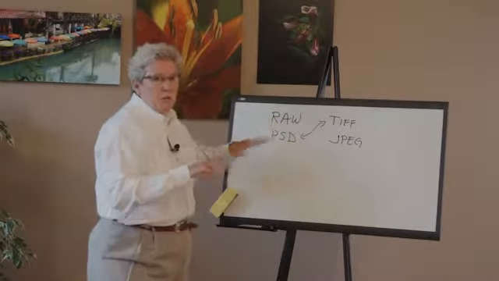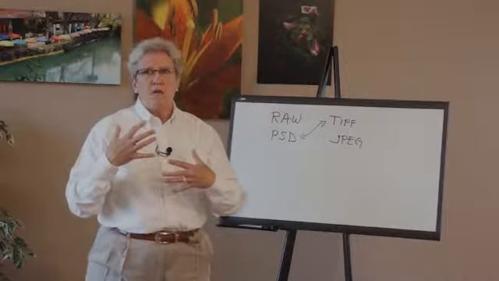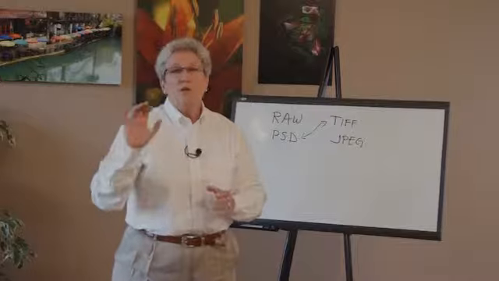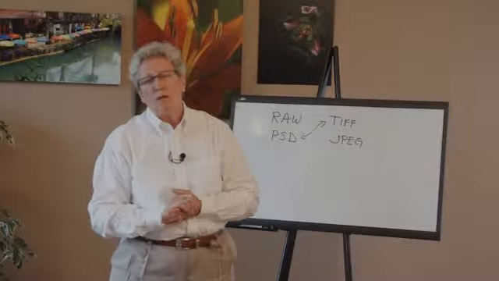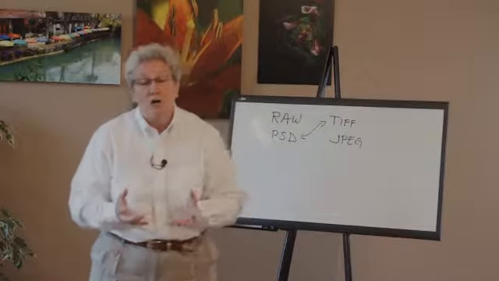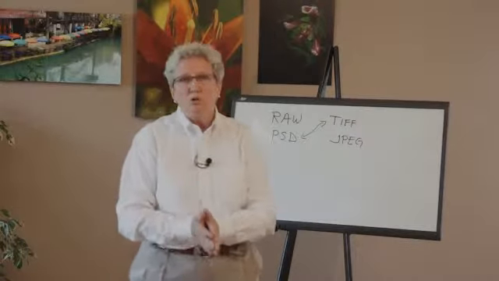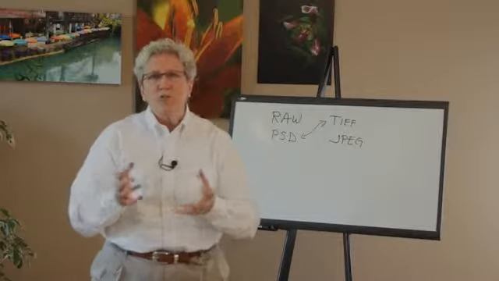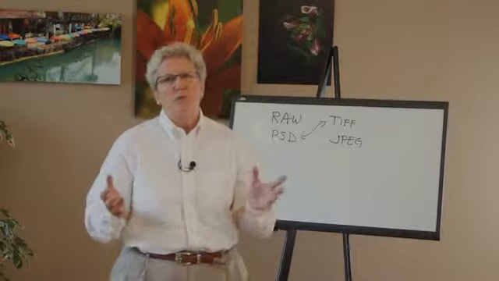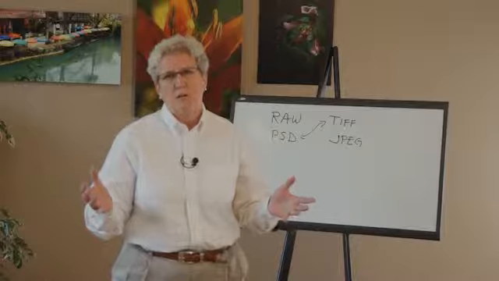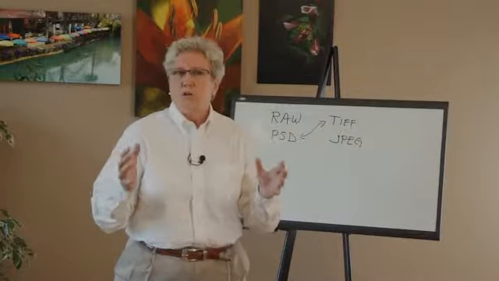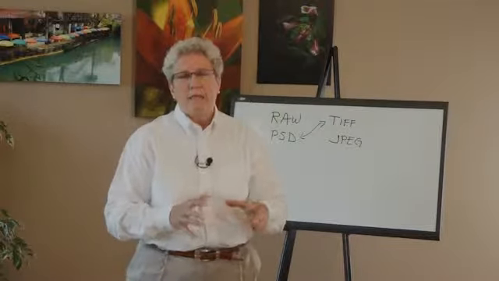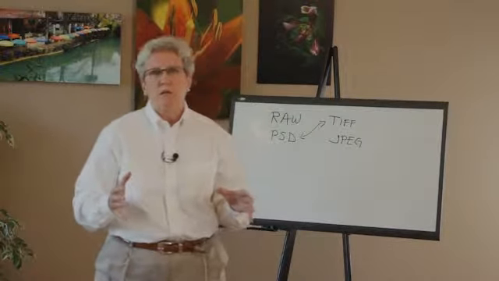When we're shooting in Camera Raw, remember the biggest file that you can have, you can go into Adobe Bridge and Photoshop and adjust color, exposure, fill light, contrast, brightness, darkness, color saturation. You can do a ton of things in Camera Raw, but you can't do it with the JPEG as much. A little bit, but not anything like you can. So you can overcome a lot of the ills.